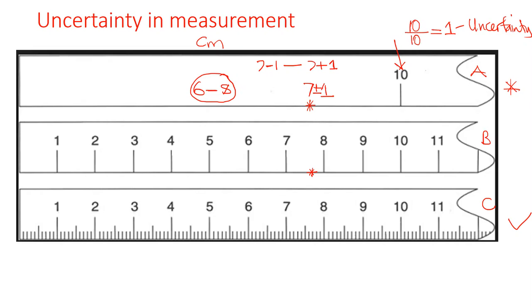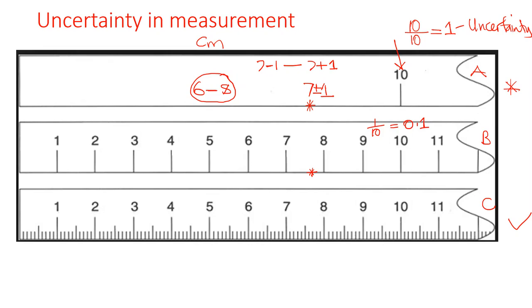So the smallest division for this measurement is 1. Now, if I want to determine the uncertainty of this, I'll just take 1 divided by 10, which is 0.1. So my uncertainty there is 0.1, because 1 is my smallest division.